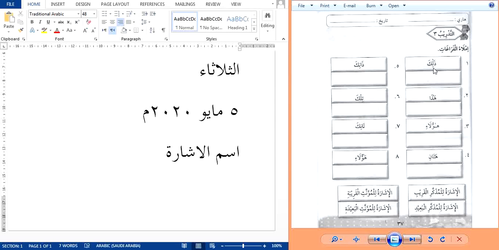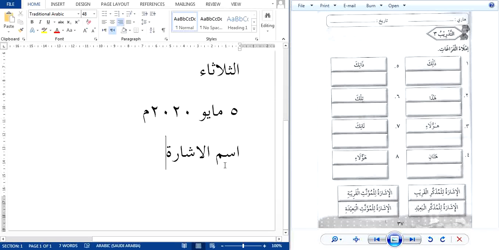For far, for boy, isn't it? And هذا is also for boy. And تلك, starting with ت, which one? It is for girl and for far. So we need to write the type of this اسم الإشارة. I will go one by one. You may follow me. I'm going to write.